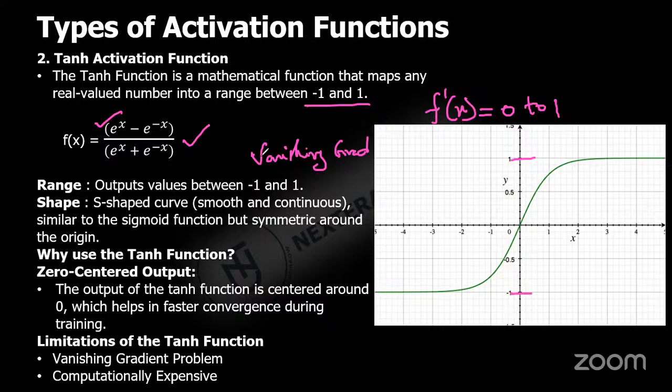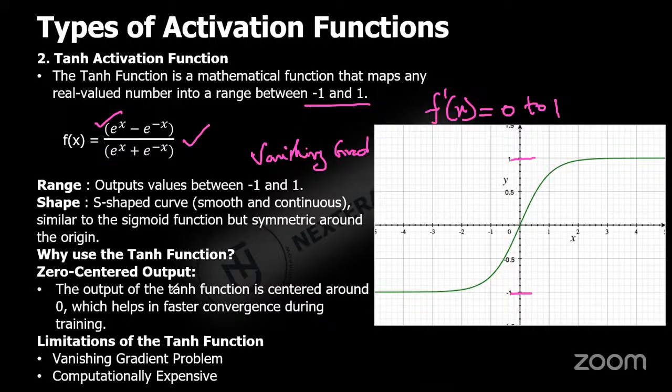So the vanishing gradient problem still exists with the tanh function. That is why tanh cannot be used in the hidden layers. In the hidden layer neurons, the tanh activation function is not preferred.